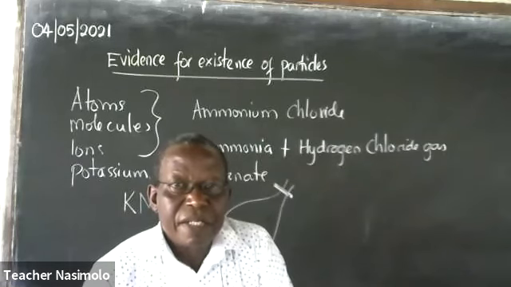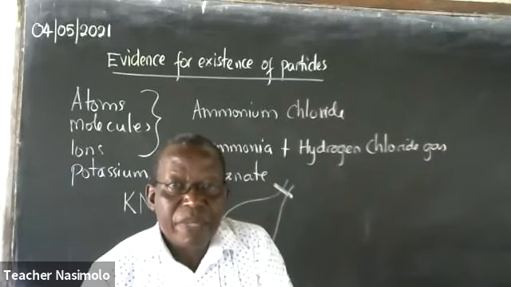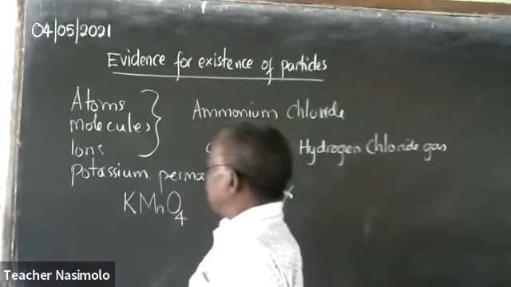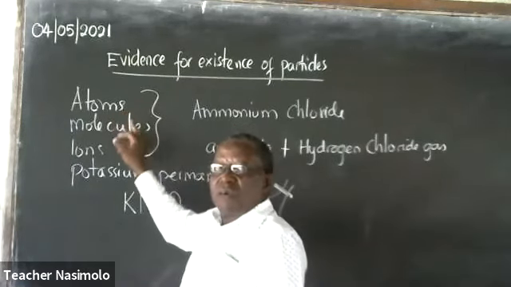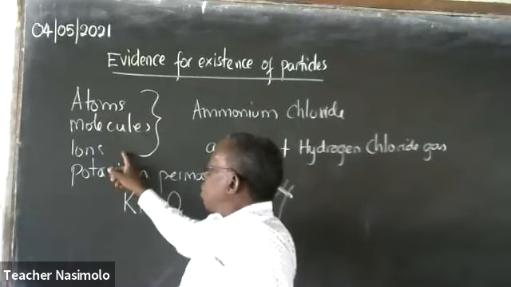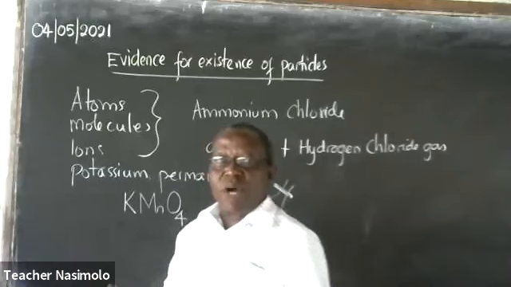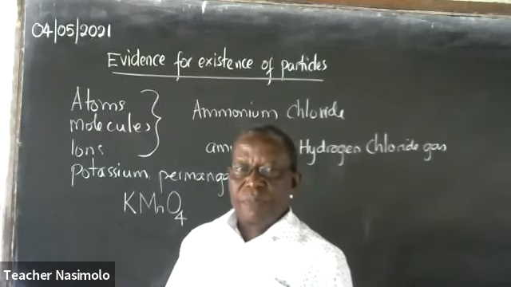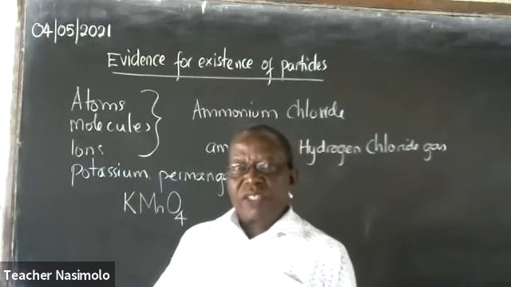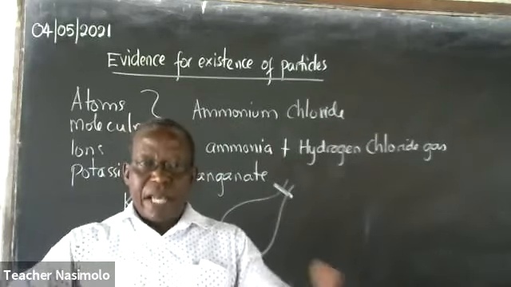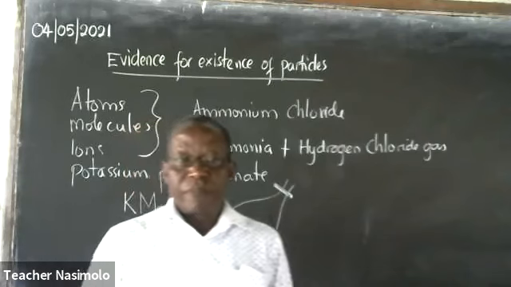Right. I said that matter is made up of small tiny particles, which can be either atoms or molecules or ions. And I gave an example of what an atom is. For instance, we breathe in oxygen, or we breathe in air. That air contains oxygen.